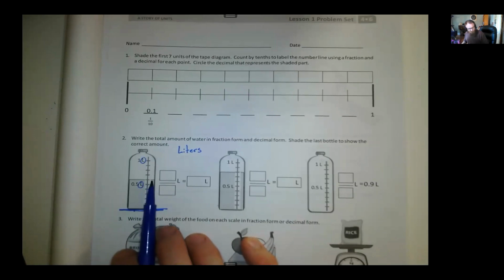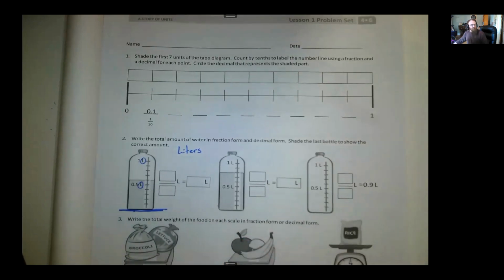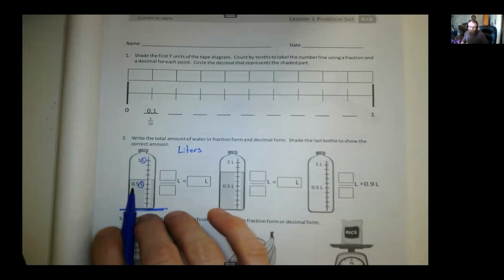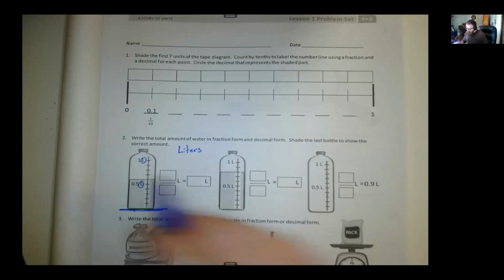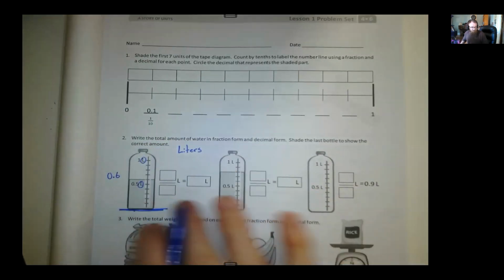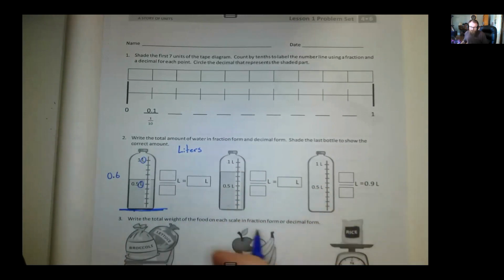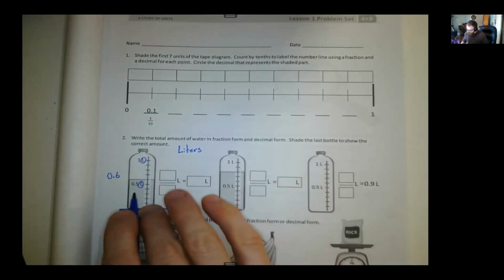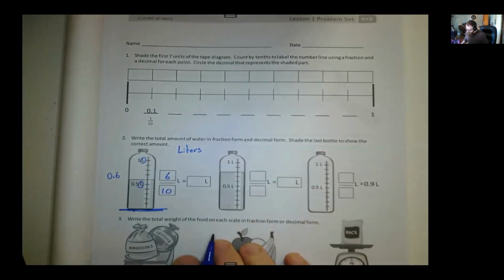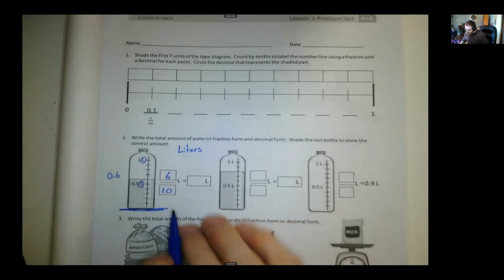So what does our water line, our liquid line there, represent? Hopefully right now you're saying to yourself, that is 6 tenths of a liter. We know that 0.5 is equal to 5 tenths of a liter. One more is going to be 0.6 or 6 tenths. In this section here, we need to show the value as a fraction, not just as a decimal. 6 tenths is our fractional amount.